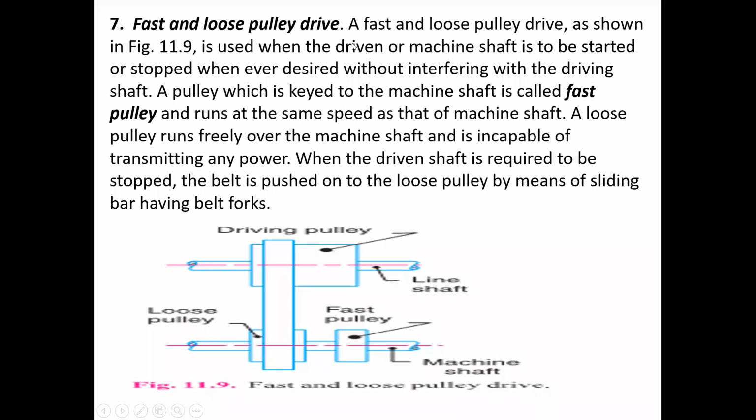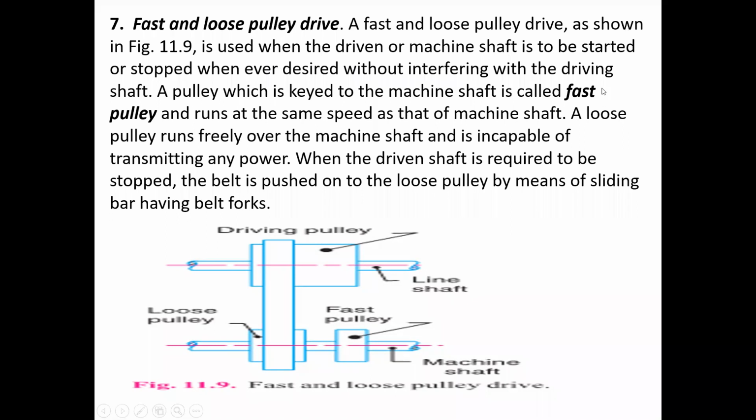It is mainly used when the driven or machine shaft is to be started or stopped whenever desired without interfering with the driving shaft. So that is mainly the purpose of this type of pulley drive, fast and loose. That type of pulley drive is called the fast and loose pulley drive.